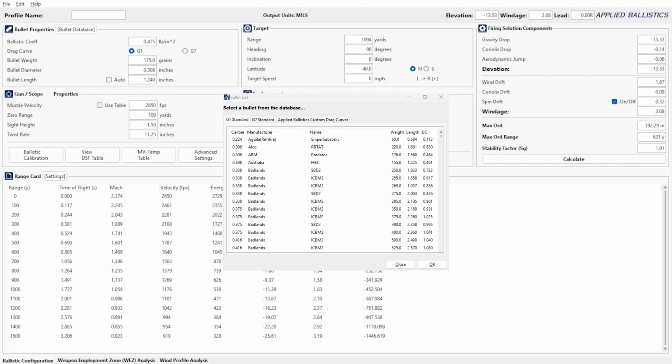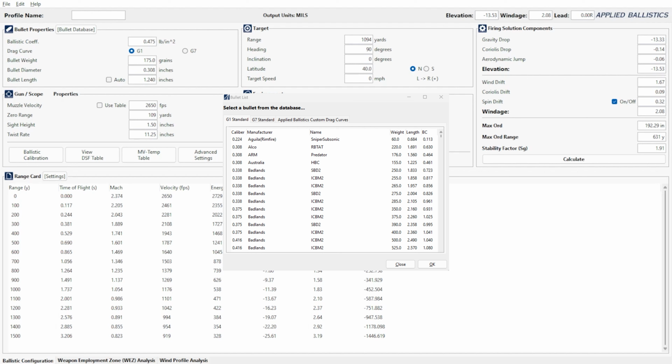Because the G numbers are basically using your ballistic coefficient in reference to that standardized projectile shape, and they're going to create a trajectory based off those calculations. With the Applied Ballistics custom drag curves, it's using real world trajectories that have been gathered with that exact bullet. So it's going to be a lot more precise than using the G numbers.